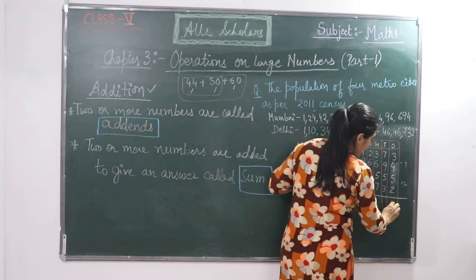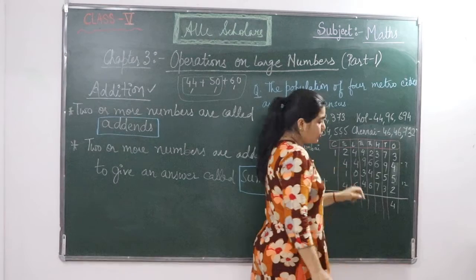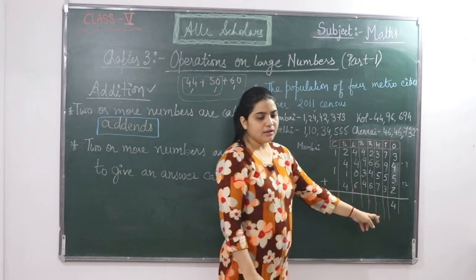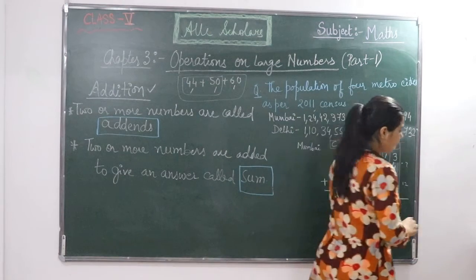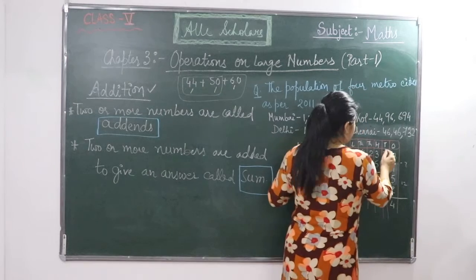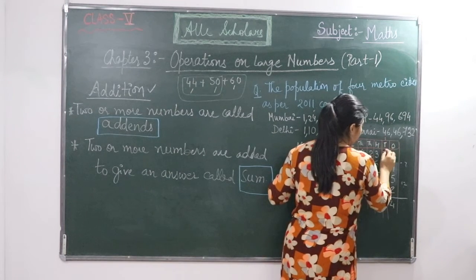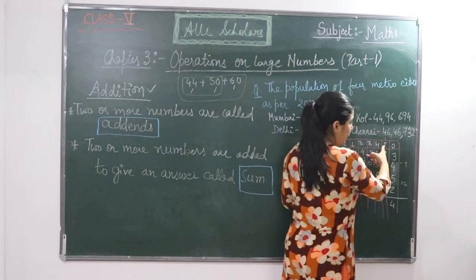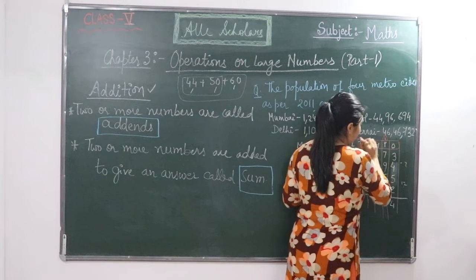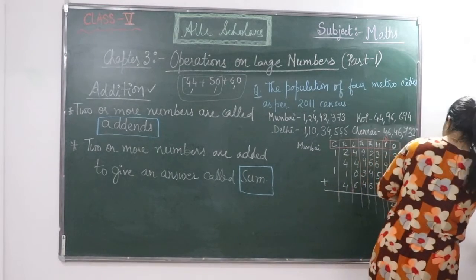This will give you 14. So write the 4 here. We cannot write the 14 fully here, so we write only the 4, and the 1 goes as a carry on the place of 10.